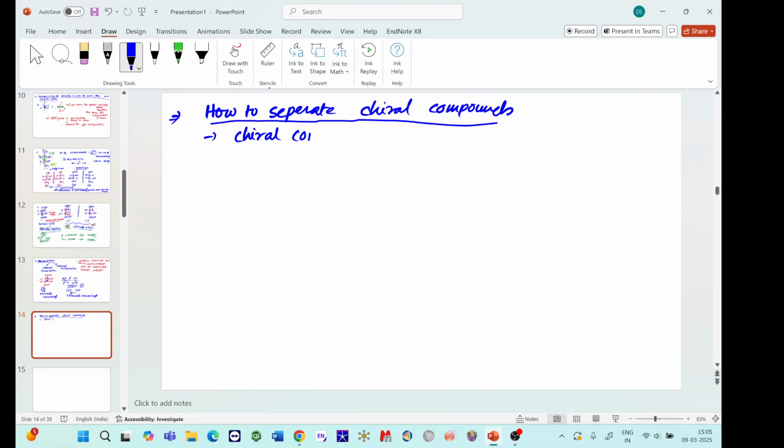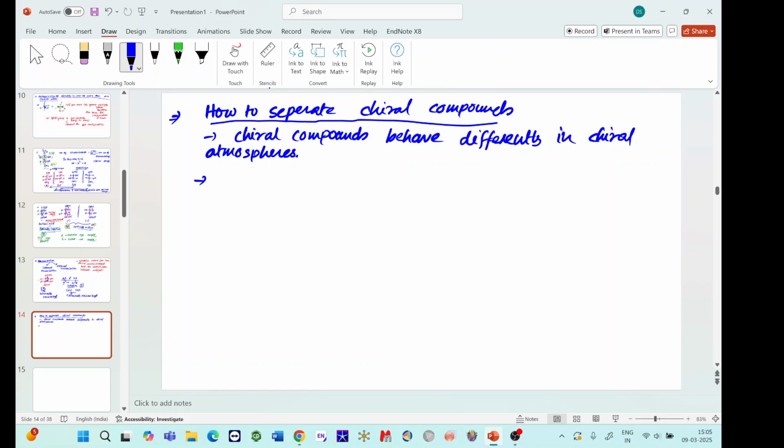Chiral compounds behave differently in chiral atmospheres, right? So you need the same thing.